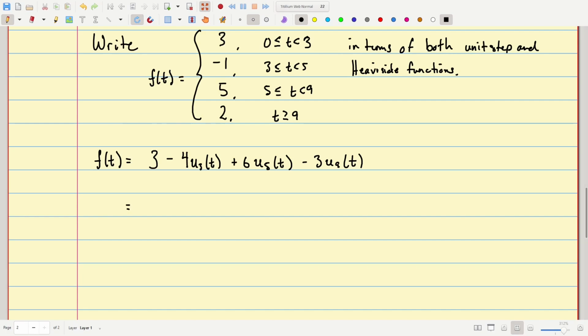Okay. Now, the other thing that we will need to know is that this can equivalently be written in terms of the unit step function. Or sorry, the Heaviside function, pardon me.